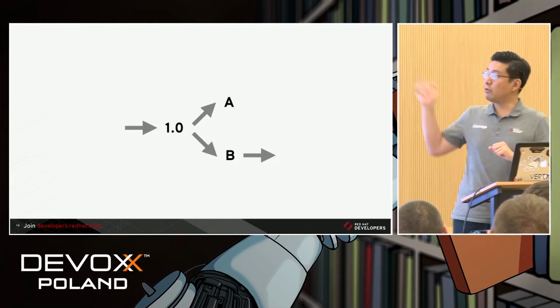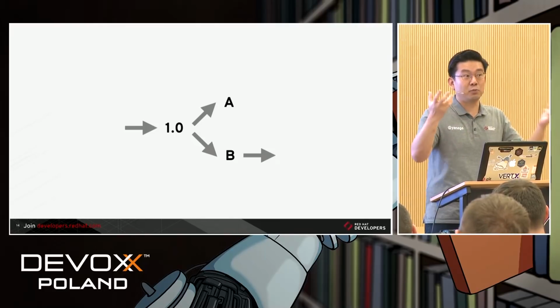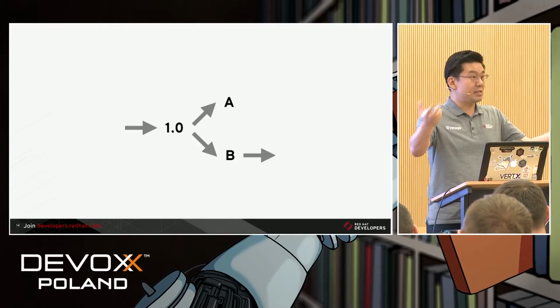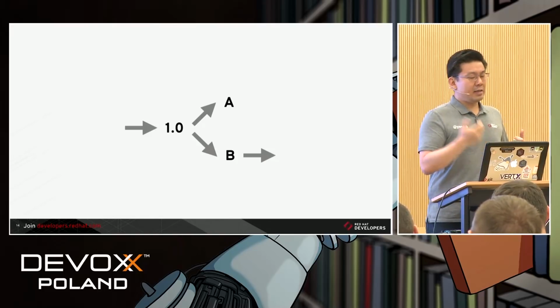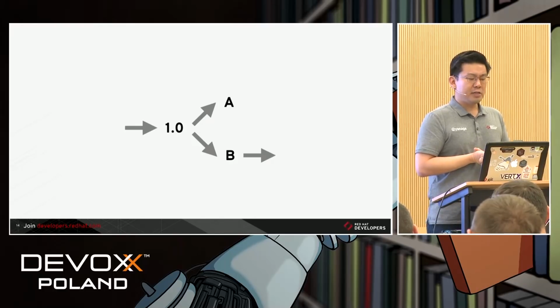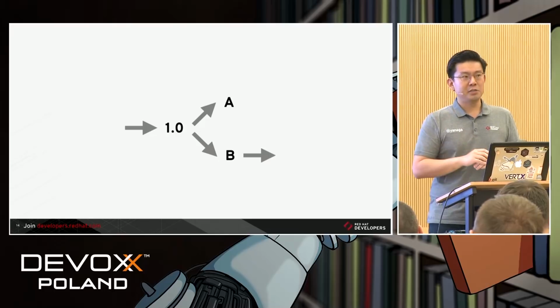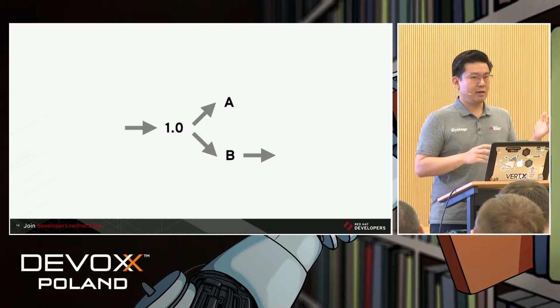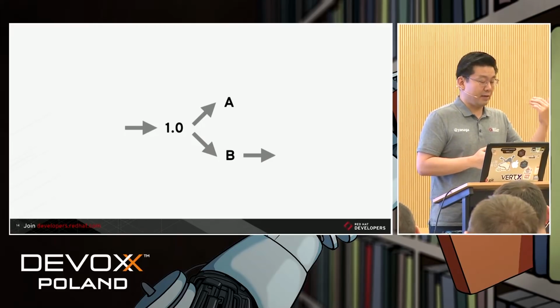So you have two different ways of implementing a certain feature, or you have two different features that you might want to test, two different hypotheses that you want to test in production. So maybe A and B, and after running both in production for a certain time, you just evaluate and assess them and say, well, version B is better than A. Hypothesis B is better in production than hypothesis A.